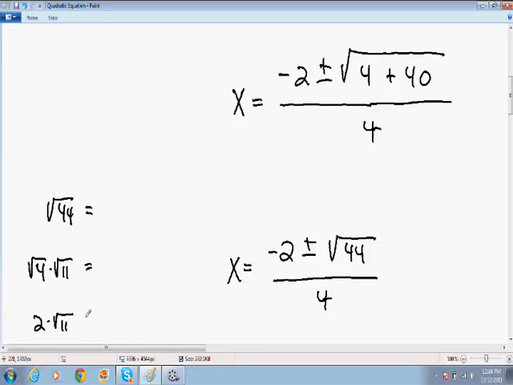So the square root of 44 can be simplified as 2 times the square root of 11. If you don't know how to simplify square roots, I do have a video about simplifying square roots that I highly suggest you watch. I don't want to spend too much time on that because I'm trying to teach the quadratic formula. But yes, you always want to try and simplify as much as possible.